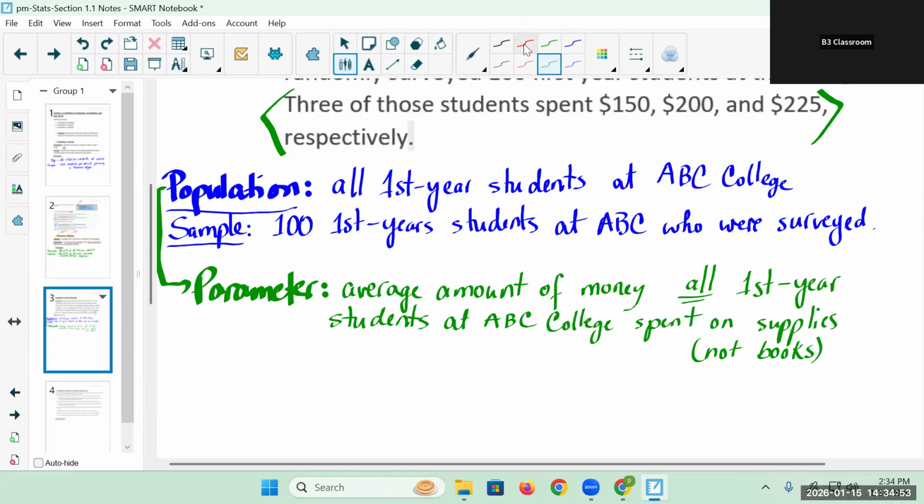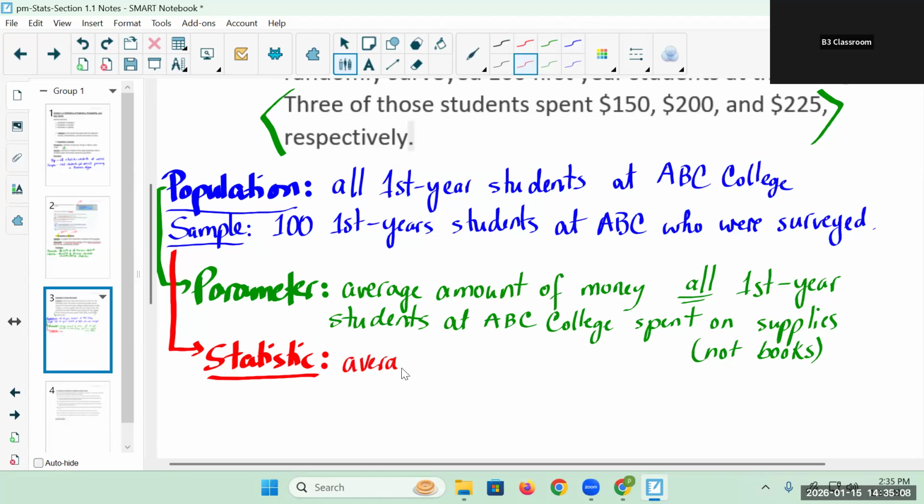Then the statistic refers to the sample. The statistic will actually refer kind of almost the same thing.